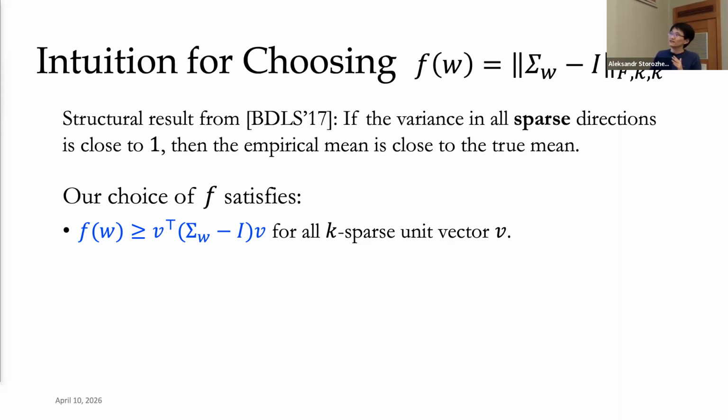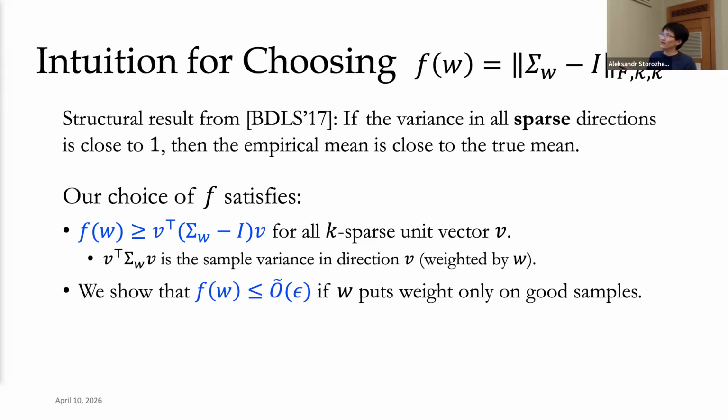This can be converted into an entry-wise inner product between two matrices. One is sigma w minus identity, and the other is v v transpose. But v v transpose is a matrix that only has k squared non-zeros, distributed in k rows, and each row has k entries. That's why I designed the objective function to look like this.